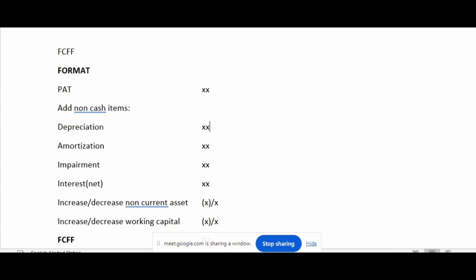Don't forget that if the interest in the profit or loss account is 20 naira, there will be a tax relief for the firm if you are to pay interest of 20 naira.